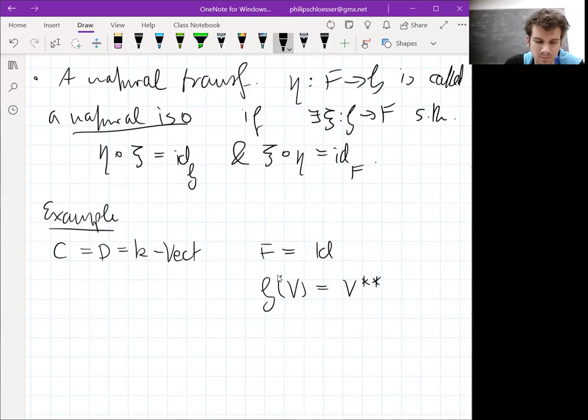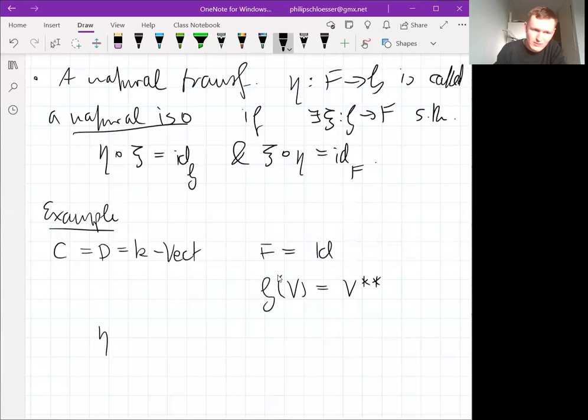All right. And we define a natural transformation eta by saying, well, eta on a vector space, what does it do with our vector V?